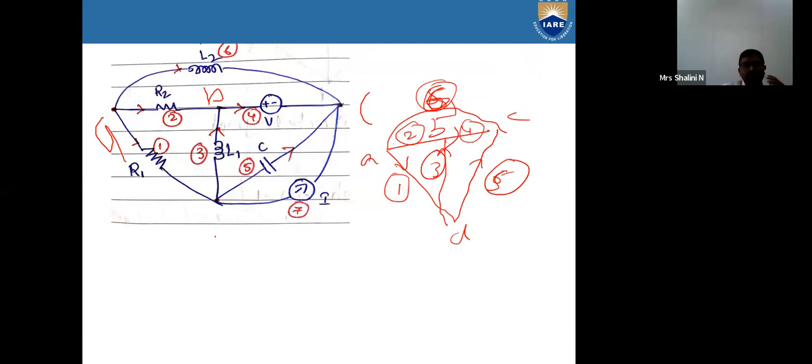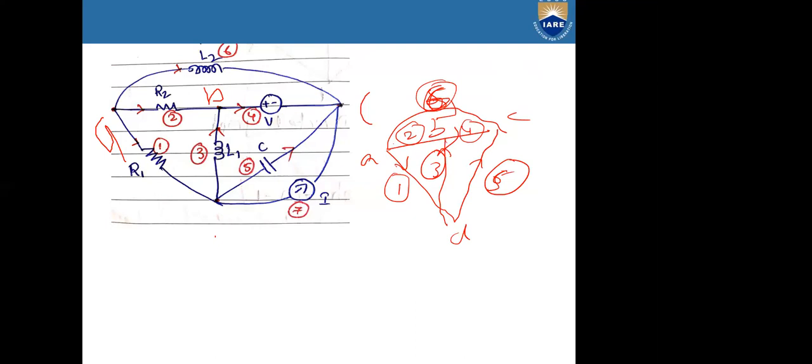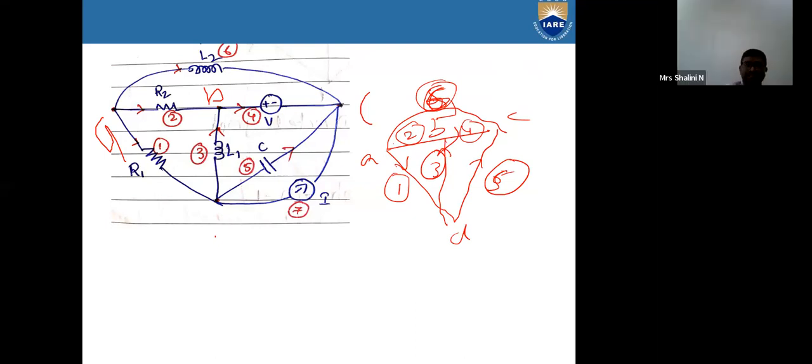In your electrical circuit examination, if they give the direction, you have to mention the same direction.